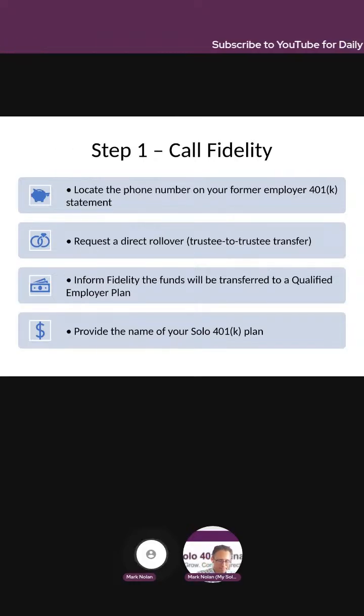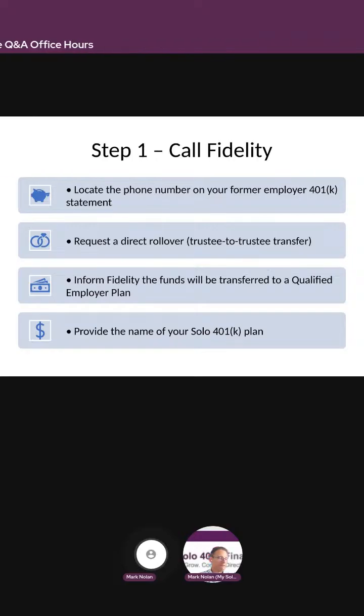So instead, they will send a check made payable in the name of the 401k. So in the name of the solo 401k. And when they ask the type of account that's going to be receiving the former employer 401k funds, you're going to explain to them that it's a qualified solo 401k plan and that it needs to be processed as a direct rollover.